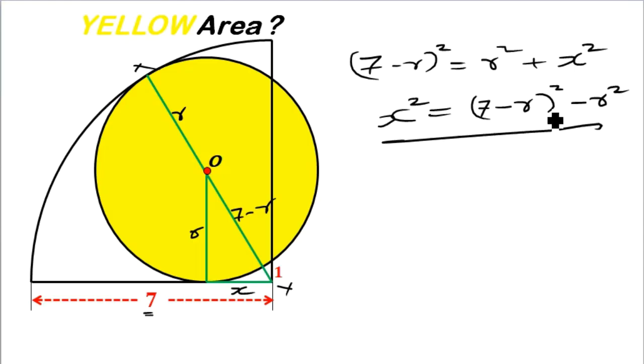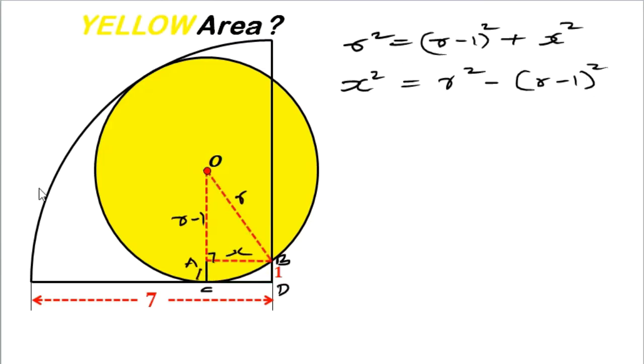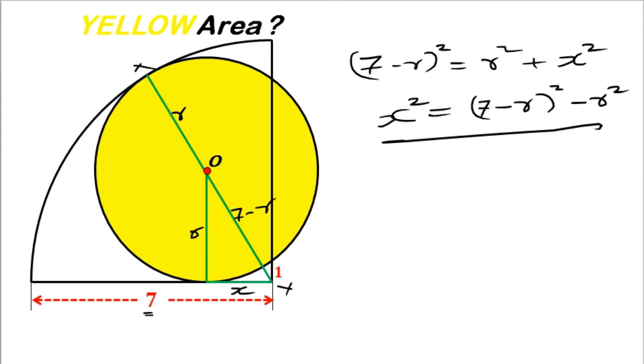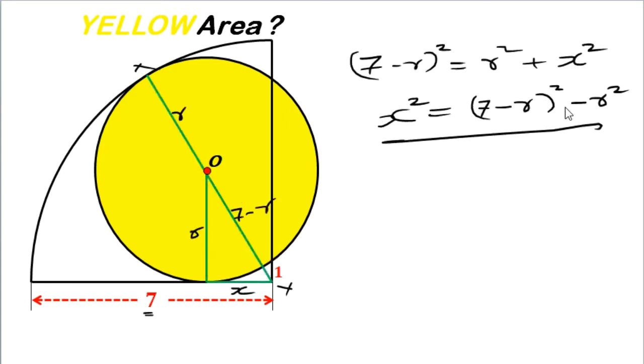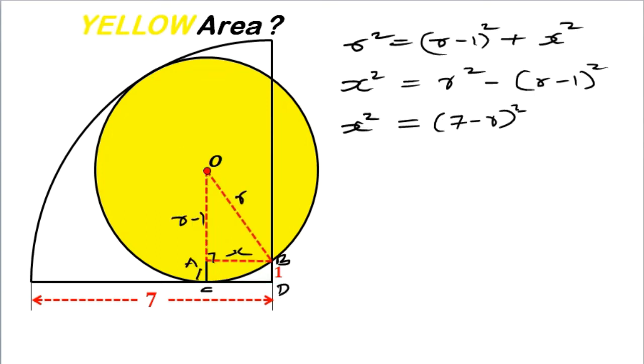So we now have the second equation of x squared: x squared equals 7 minus r all squared, then minus r squared.